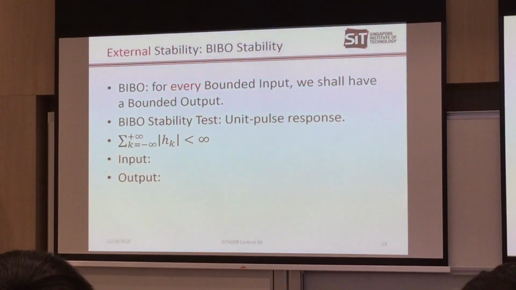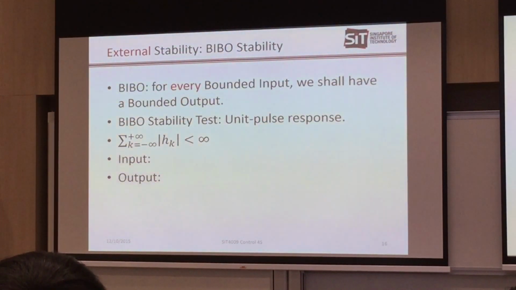So we are looking at stability from a systematic point of view. You have a bounded input and want to see whether your output is bounded. Then we examine your transfer function, your controller, your system, whether stable or not. So this stability depends on your input-output response. As long as your input is bounded, your output should be bounded.